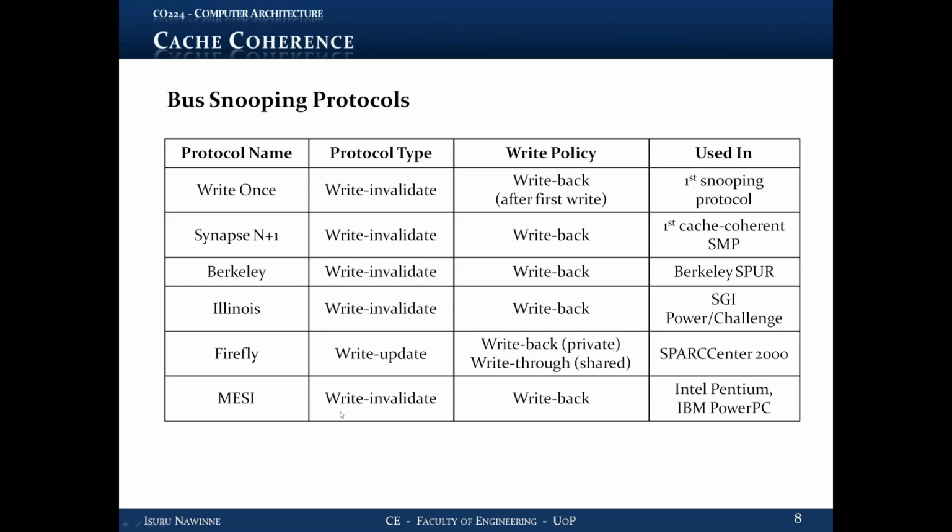So write invalidate coherency protocol type and write back write policy are usually a very popular combo in multiprocessor systems.